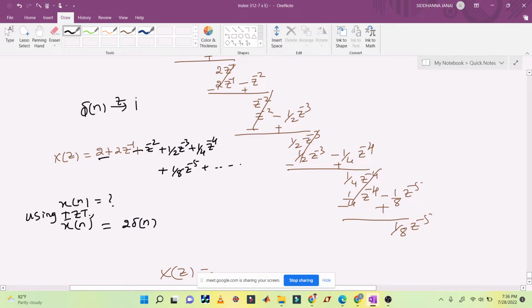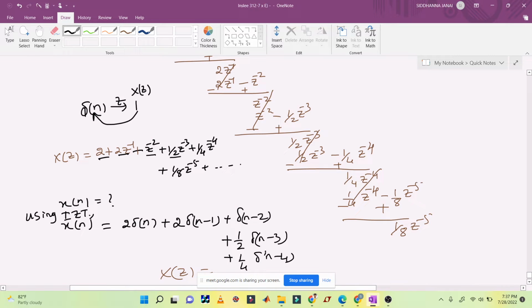So if x of z is 1, then x of n is delta n. Now it is 2, means 2 into delta n. Now this is 2 into z inverse, how we can write? 2 into delta of n minus 1 plus z inverse square delta of n minus 2 plus 1 by 2 into delta of n minus 3 plus 1 by 4 into delta of n minus 4.